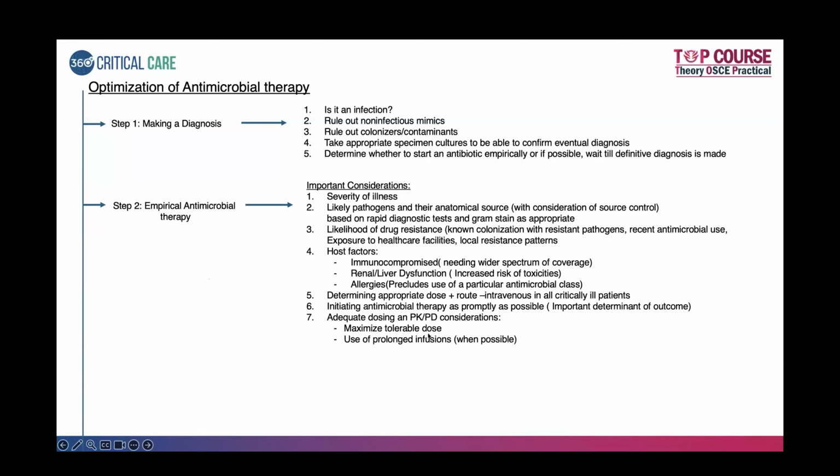So maximize tolerable dose and use prolonged infusions whenever possible. Identify the presence of augmented renal clearance and identify increased volume of distribution, like hypoalbuminemia and large volume crystalloid administration. So all these are the important considerations you need to keep in mind when you consider empirical antimicrobial therapy.